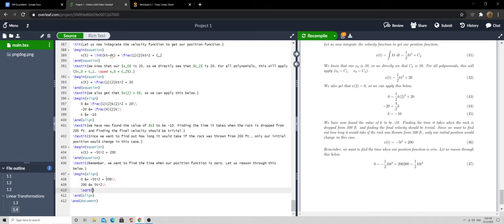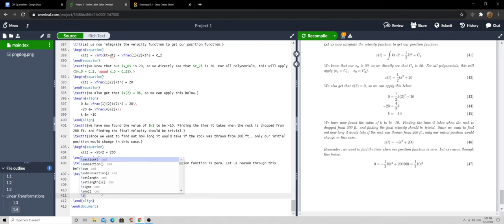So we'll get the square root of 40. No, we'll do it step by step. 40 equals t squared, and then finally we just get the square root. Well, I think we'll have one more after this.